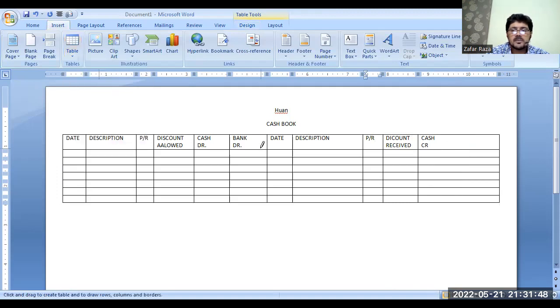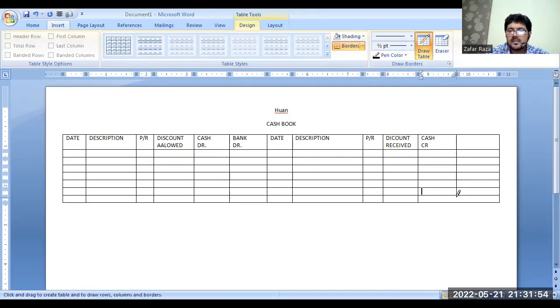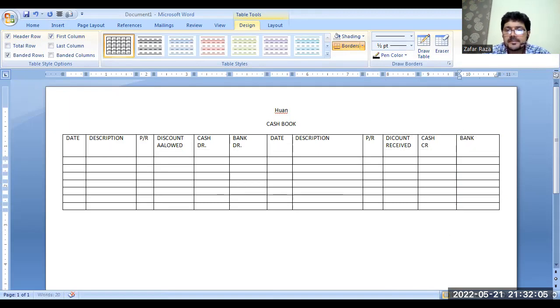So that will be, getting my point. So here we are going to write. This is a cash book. Getting my point here. Okay.